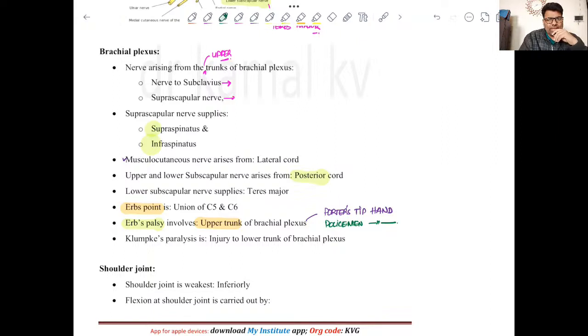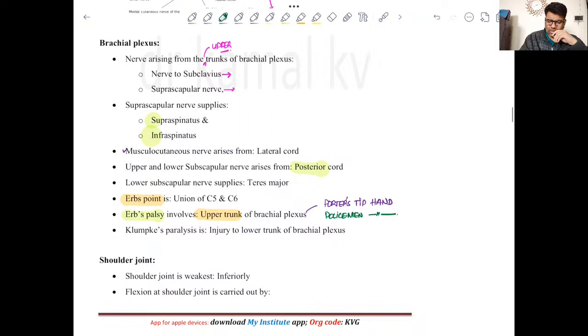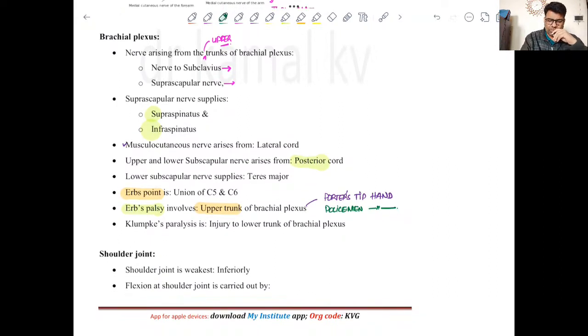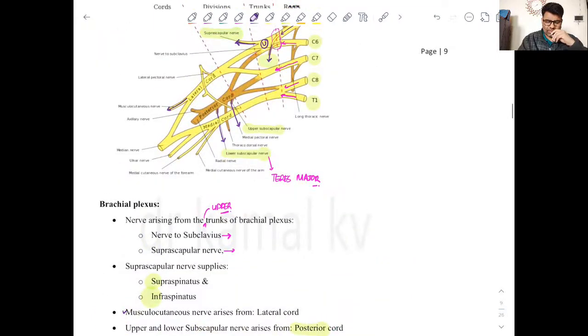So the upper limb is adducted, internally rotated, and the hand is pronated. So that is the typical attitude. Klumpke's palsy involves the lower trunk of the brachial plexus, especially involving C8 and T1, and we can see clawing here. Clear? So this is in short about the brachial plexus.